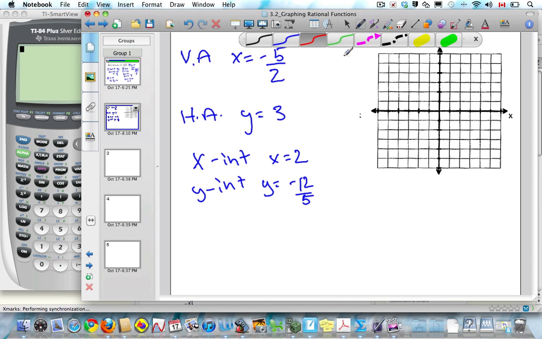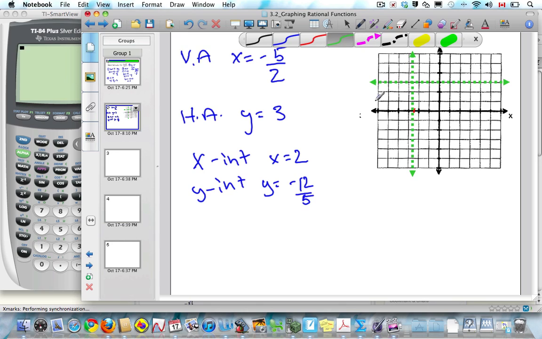And now it's just a matter of putting this information on. My vertical asymptote is here at negative 5 over 2. I can do this with a dotted line. My horizontal asymptote is around 3.